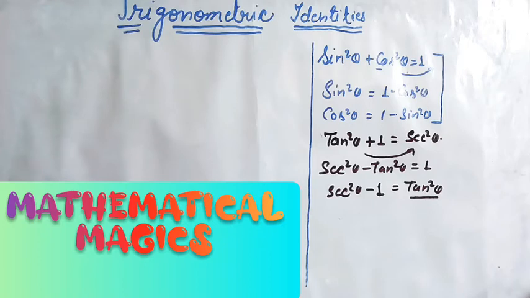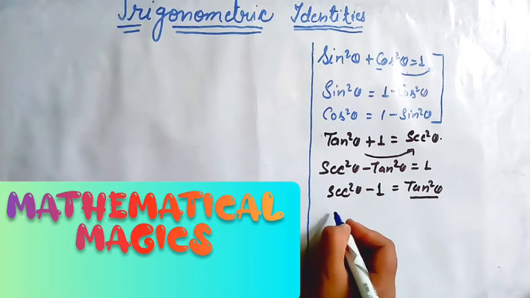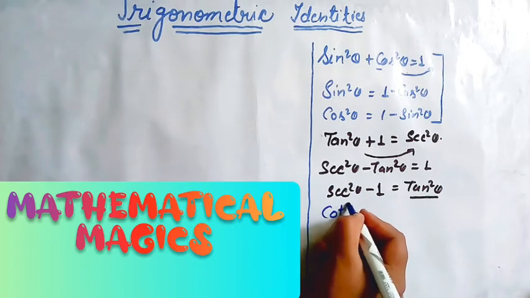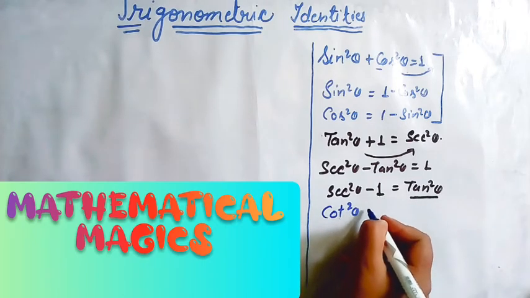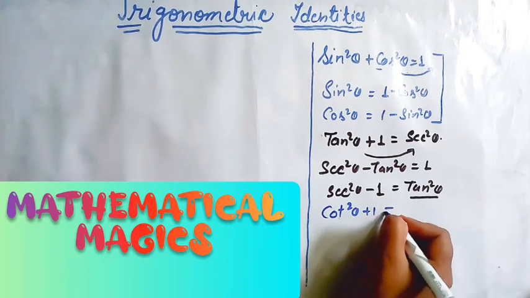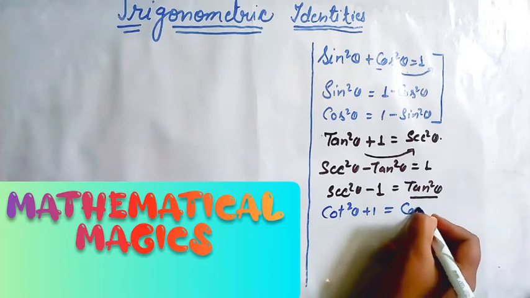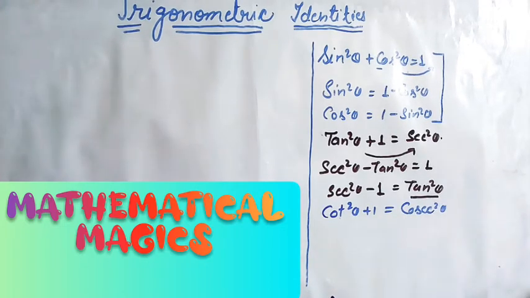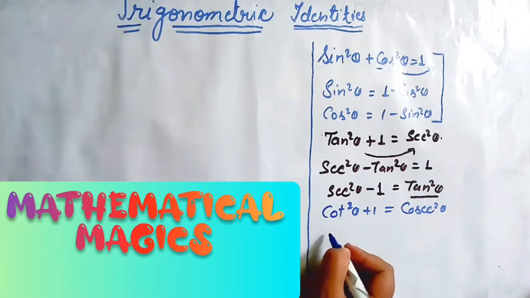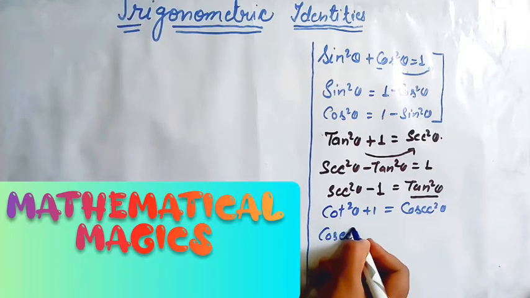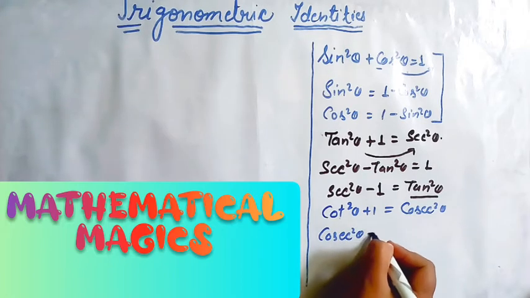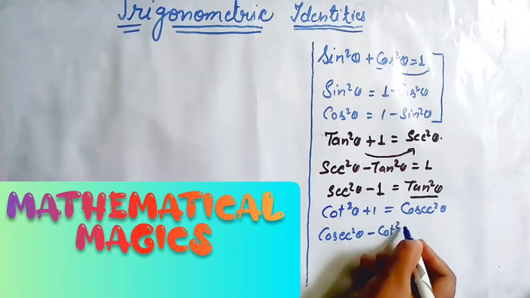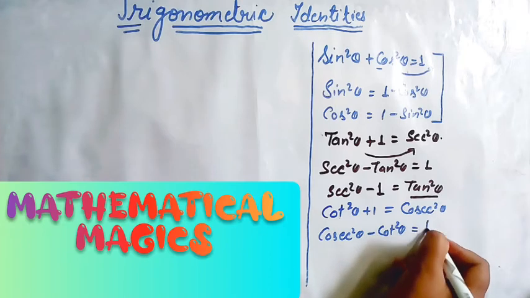If we are dividing identity 1 by sin square theta, it will become cot square theta plus 1 equals to cosecant square theta. And the same identity can be used as cosecant square theta minus cot square theta equals to 1.